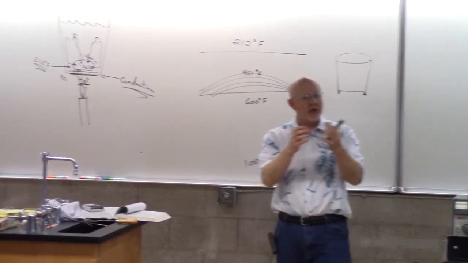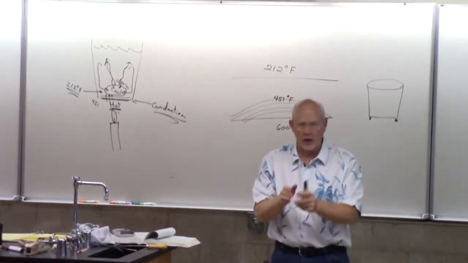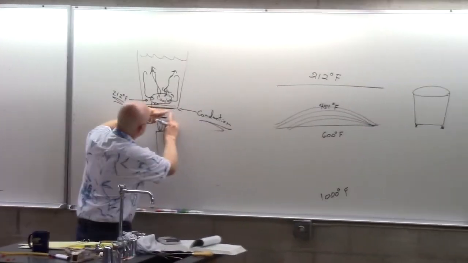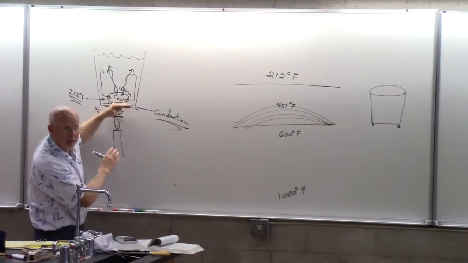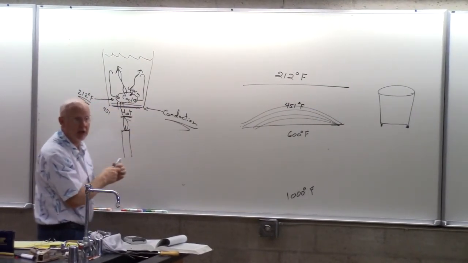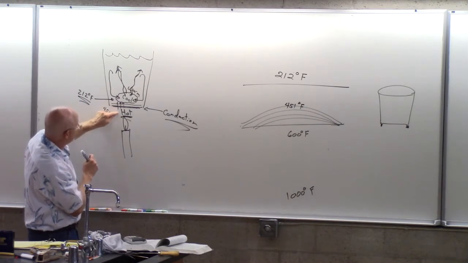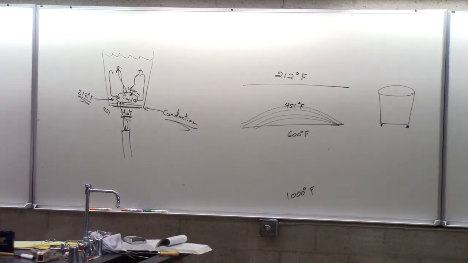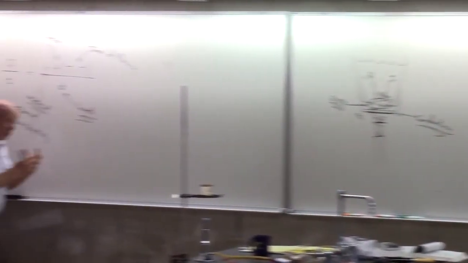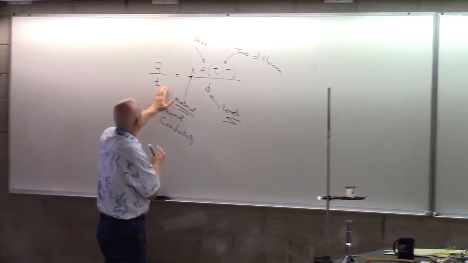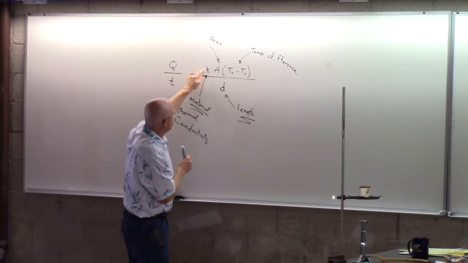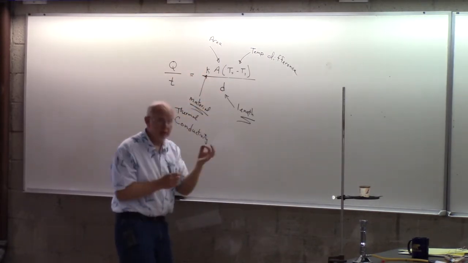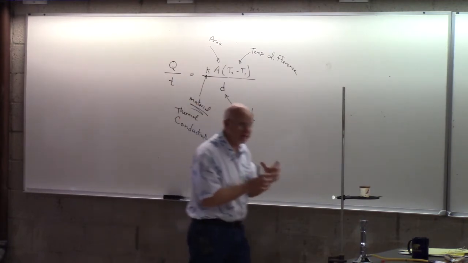There's actually both conduction and convection going on here, and so the conduction is through the bottom of the paper cup, and so we have a very hot flame conducting energy through the paper cup. And that's what I was saying is it may sound weird that you can get so much energy flowing through paper which has a small conductivity, but it only works because we're talking about a really, really thin surface. So I do have the conduction.